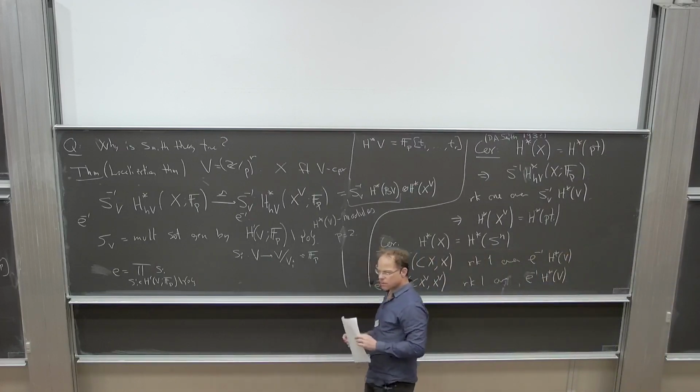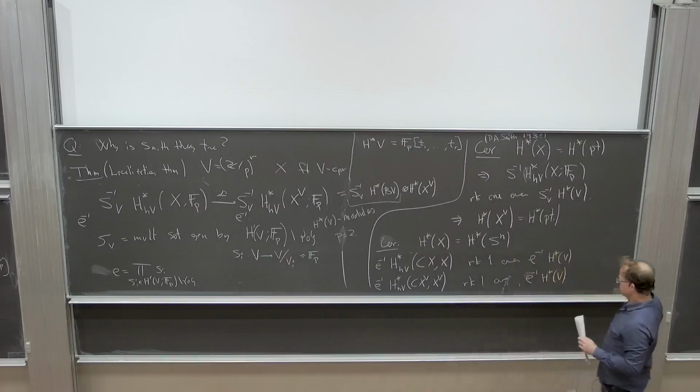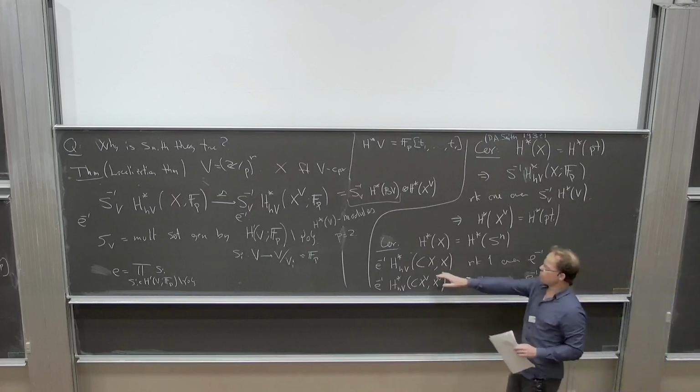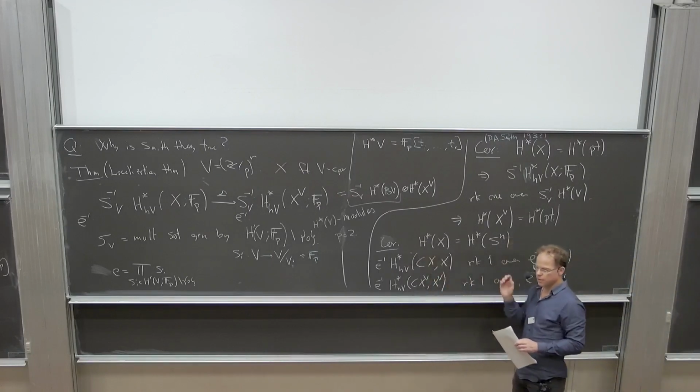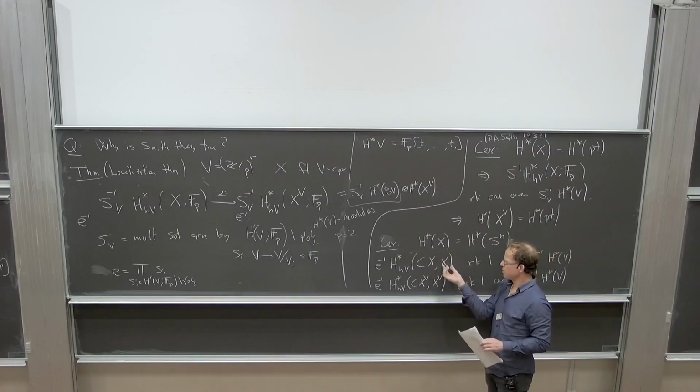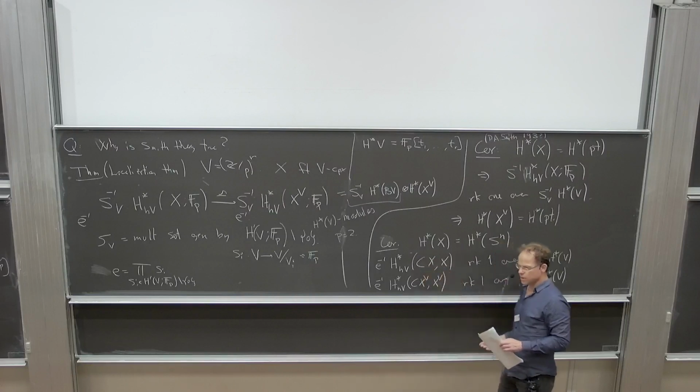Is there a particular reason you chose to write this as the cohomology of CX, X and not the cohomology of X? No. Sometimes you have to be a little bit worried about equivariant base points. So this is a safe way of writing it because there's an obvious map from X to CX, which is obviously equivariant.